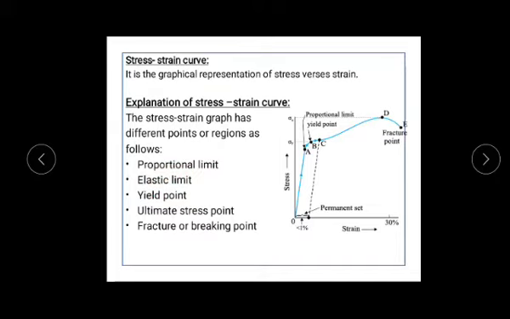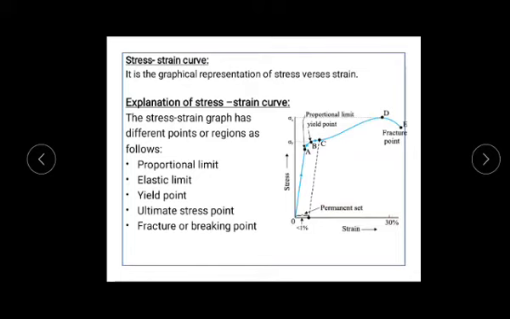Now if you observe the graph from point C to D, or even from point B to D you can observe. From B to D, there is little increase in the value of stress, but observe this strain now, it is more. Means what?